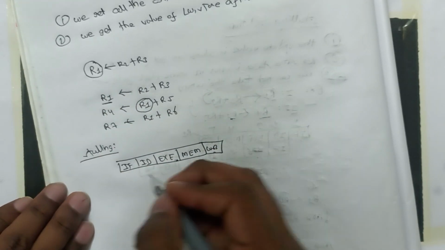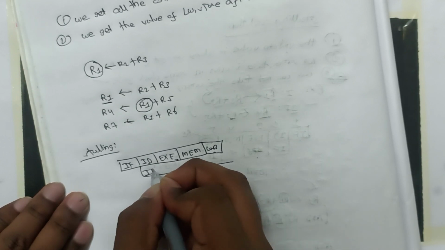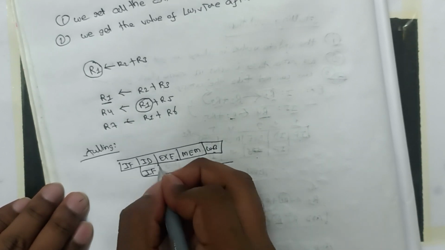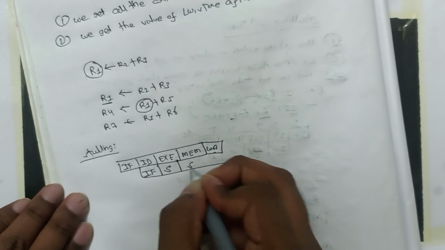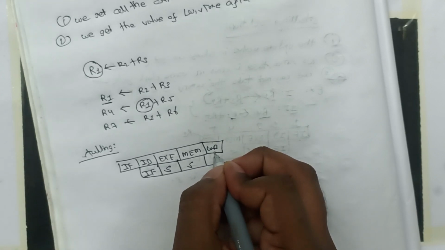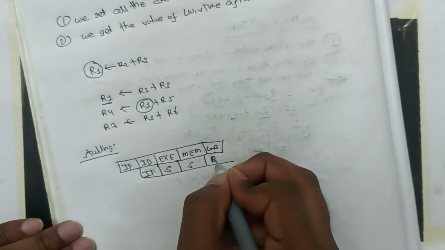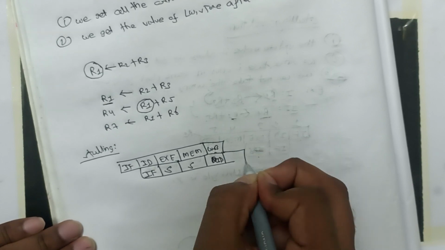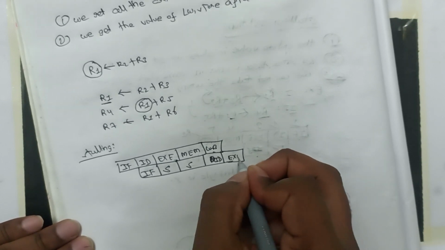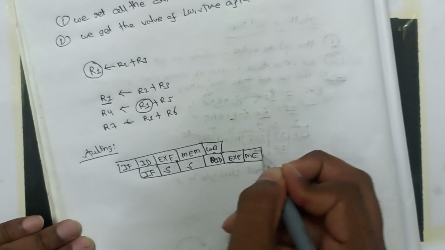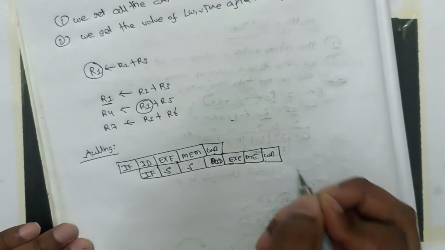a value of R1 in the write back. So before that we cannot take the wrong value. So IF, stalling, here we get the value of R1, so ID, then we can perform the operation, the execution, memory, and the write back.